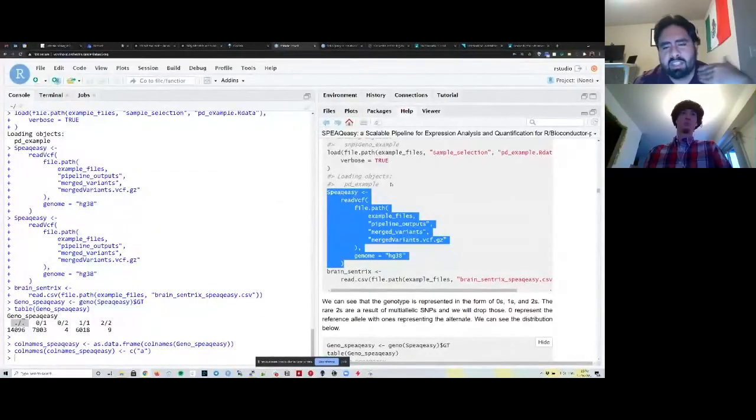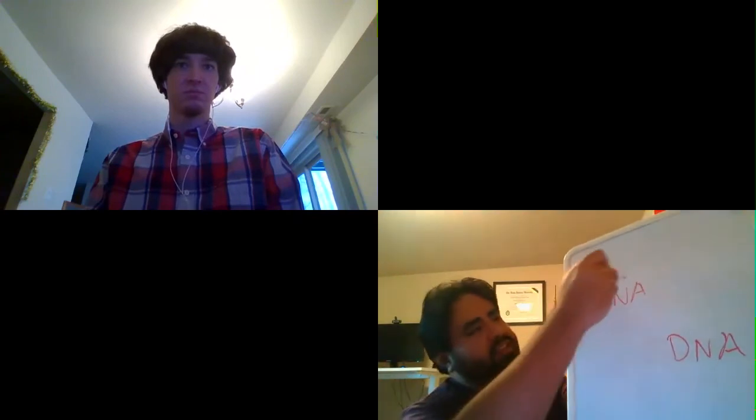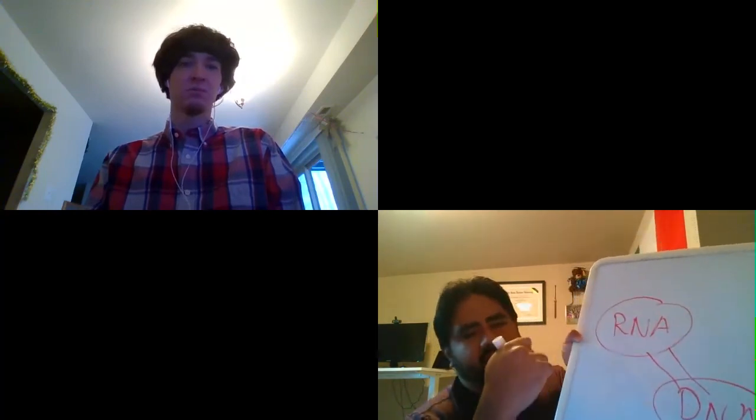If you have DNA genotyping data, then you can also try to match your RNA to the DNA. If you have RNA and DNA, you can check only among the RNA, only among the DNA, but also between the two, right? That's the scenario that we're illustrating here on the speakeasy example, where we have all three sources.